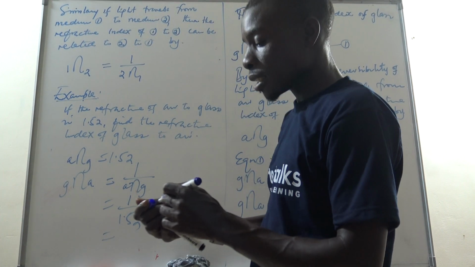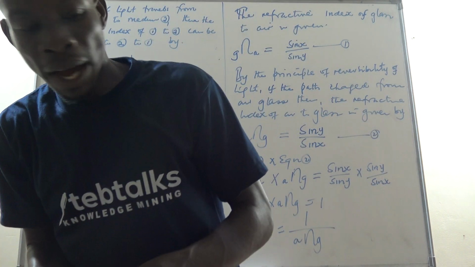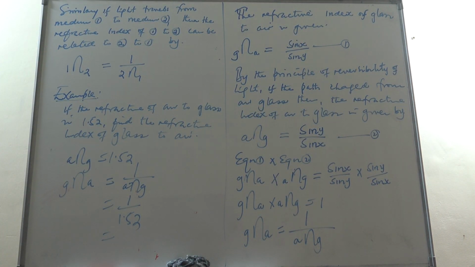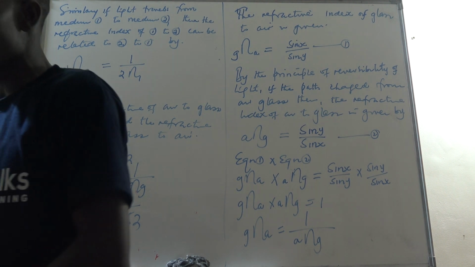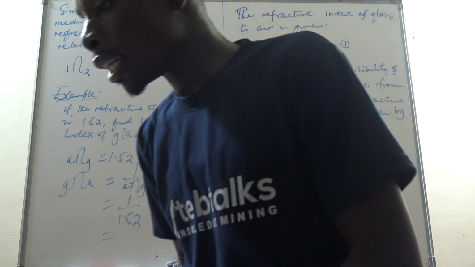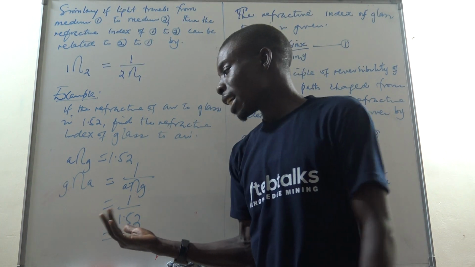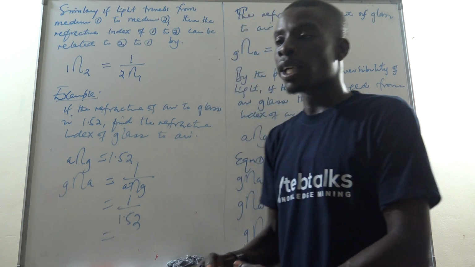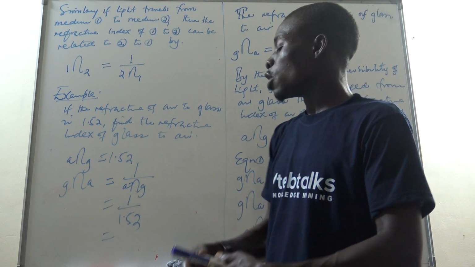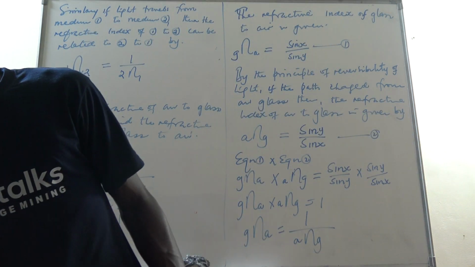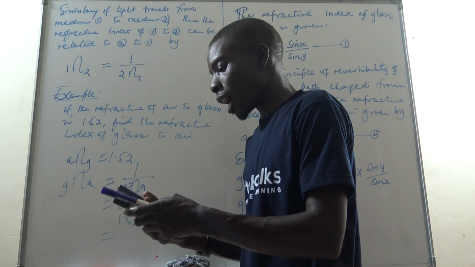Can we now have our calculator around here if it is there? But in any case, this can be easily pressed. So you can just say 1 divided by 1.52, and you'll get a value which is 0 point something something. So let me use this calculator here now that I have it.